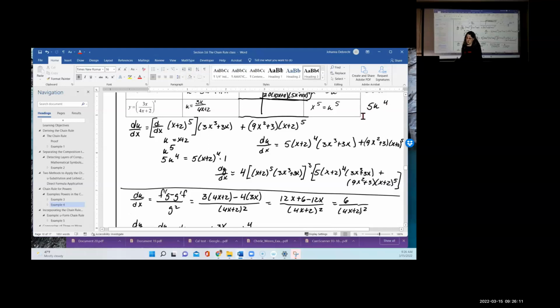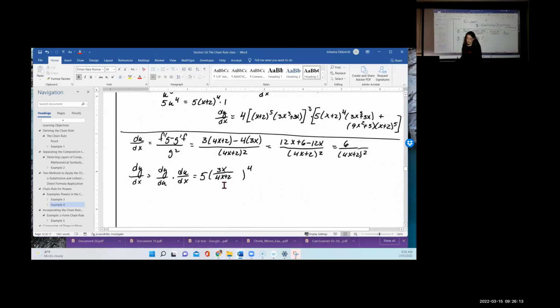That's the derivative of the outside, freezing the inside function at what it was originally, times the derivative of the inside function, which is 6 over 4x plus 2 quantity squared.